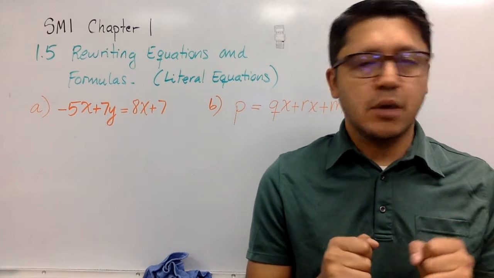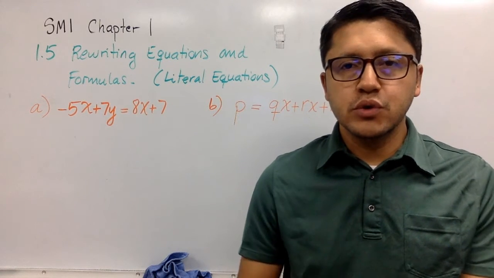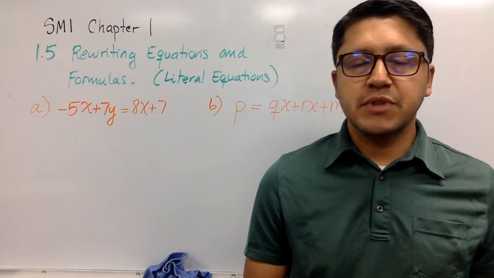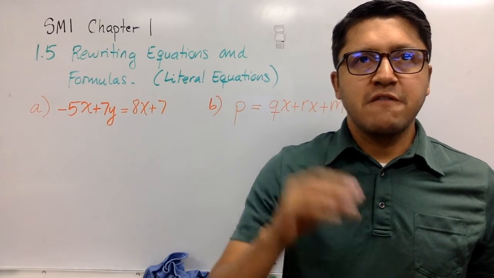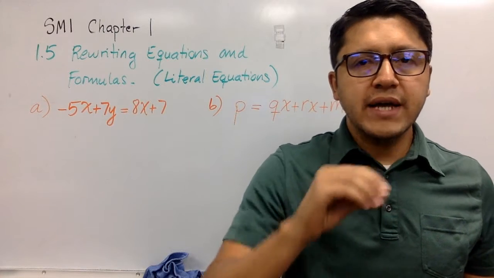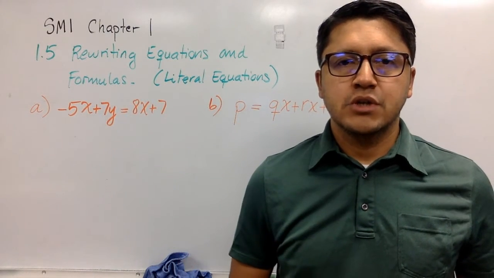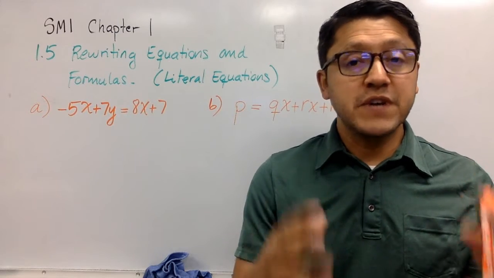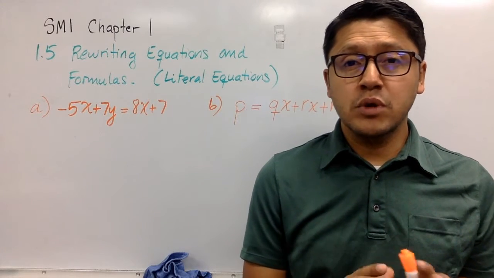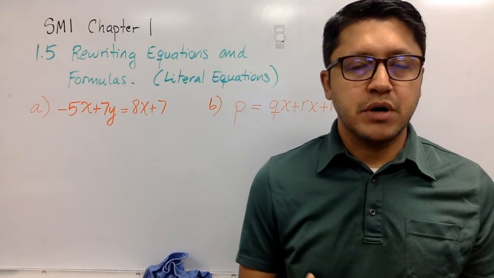That you will not get something like x equals 5, y equals 2. No, you will get something like x equals 4m minus 6x, or y equals 7p plus 8m. So the result at the end, when you finish, is that your variable will be equal to an expression, not just a constant. And that's the important part of it.